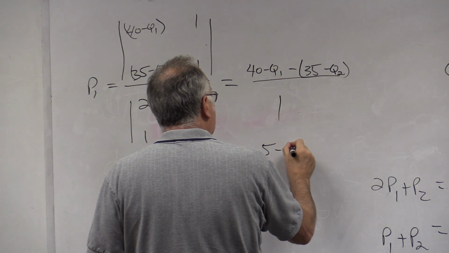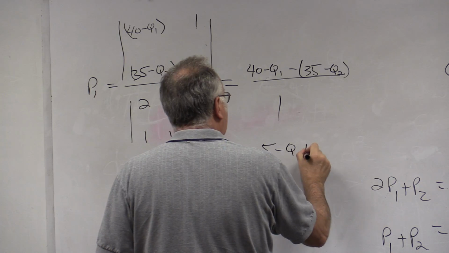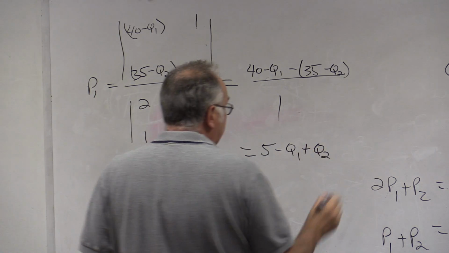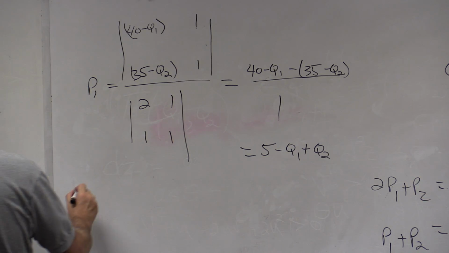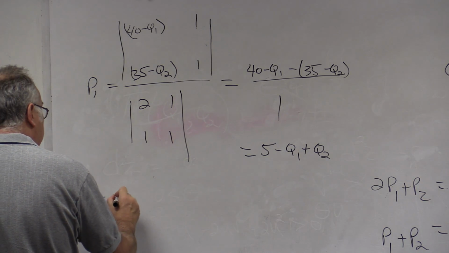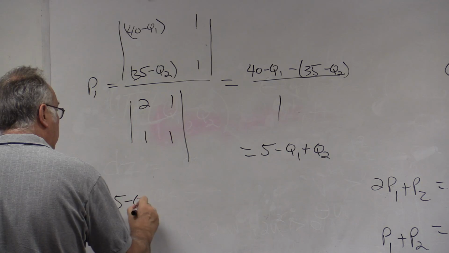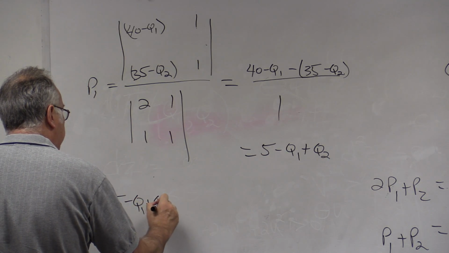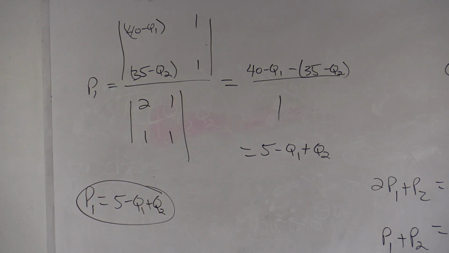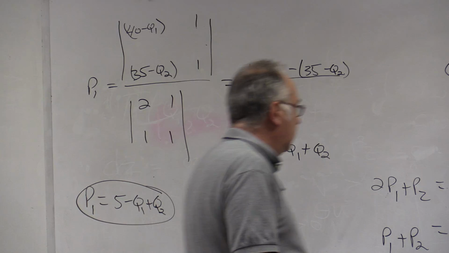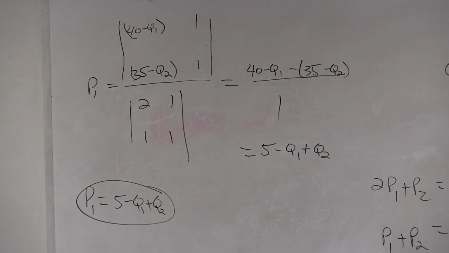Minus Q1 plus Q2 over 1. So you just leave it like that. So that's your P1. And then you solve for P2 using a similar method. Okay, so P2 would just be this.